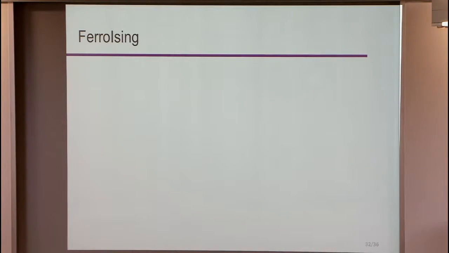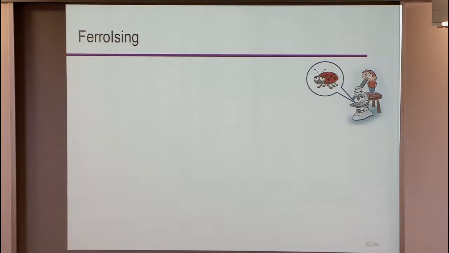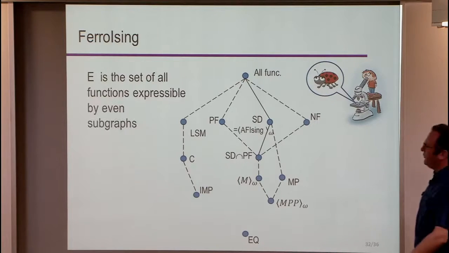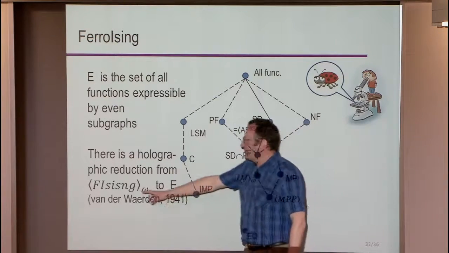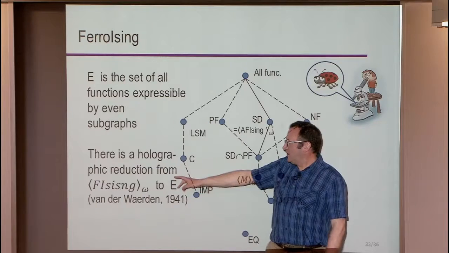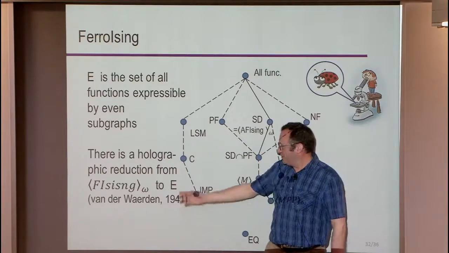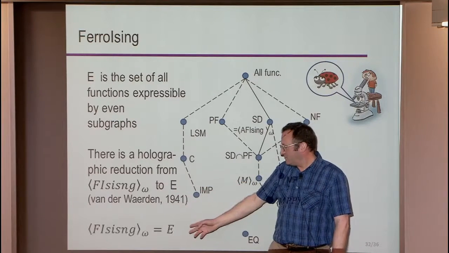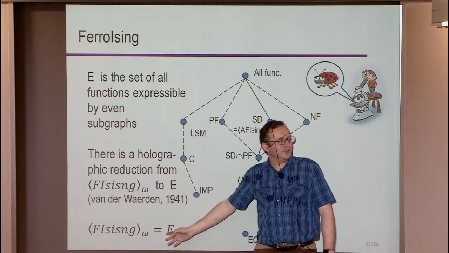Okay. I have two more animals. Probably we can look at one of them and then I show the final picture. Fraser. Small. Well, first of all, we know that Fraser can be reduced in the holographic sense to the counting of even subgraphs. But actually, it turns out that they also generate the same clone.